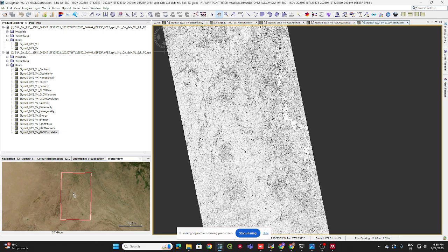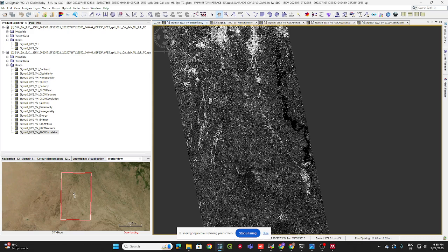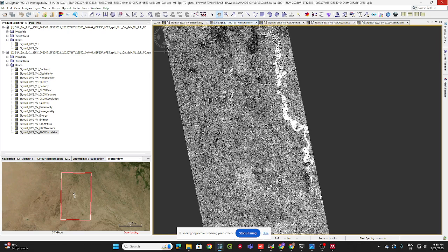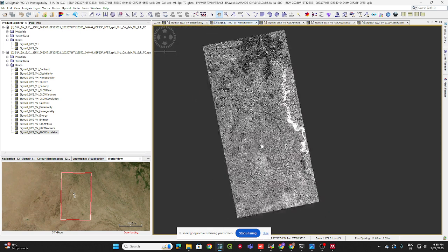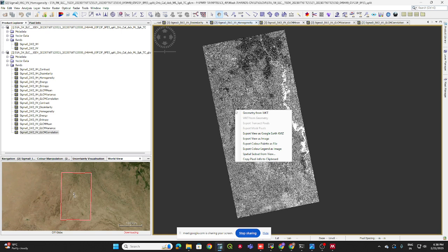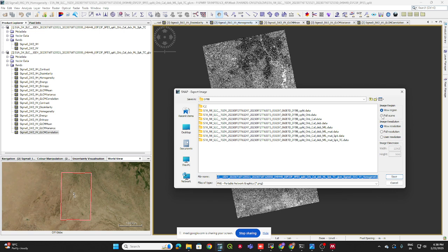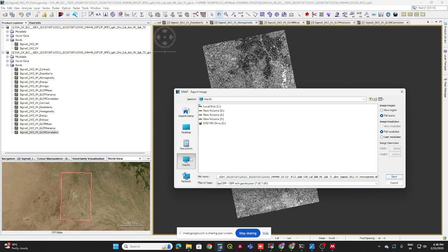And how to use this after this? Suppose we want to work with homogeneity in software. We will just right click on the image, export view as image, see the full scene. Okay, and we select the geotiff, and we will export the geotiff image, the whole tile.